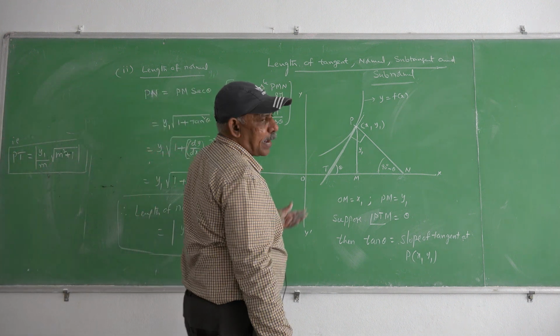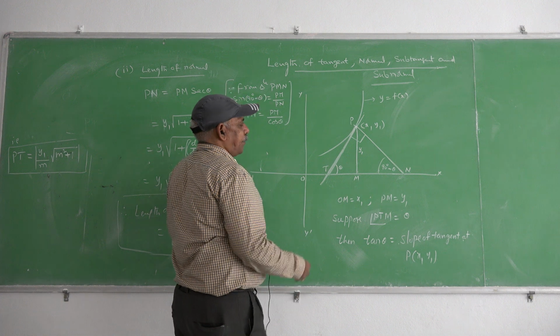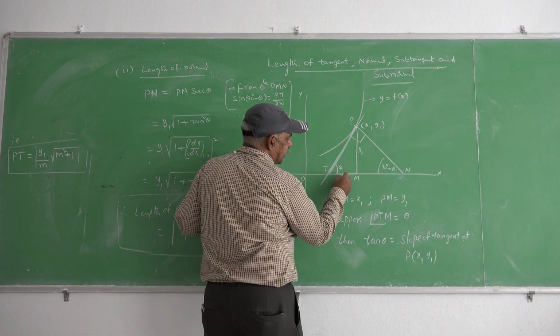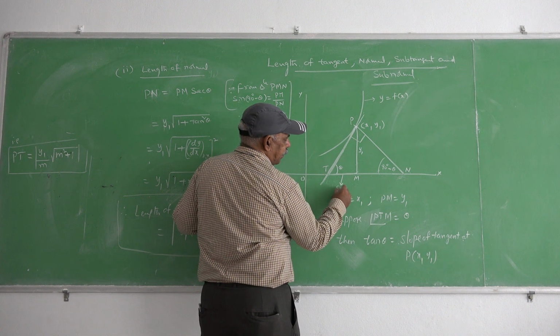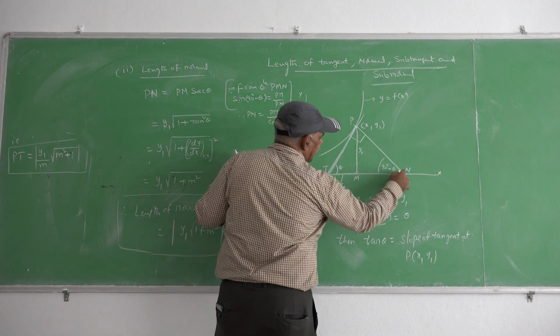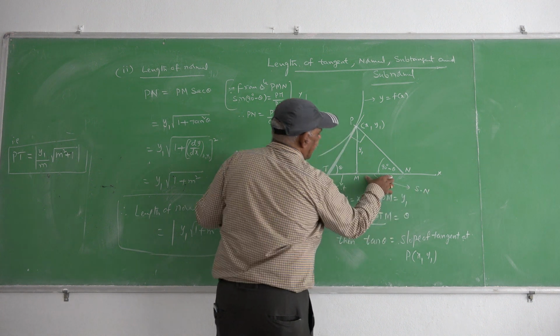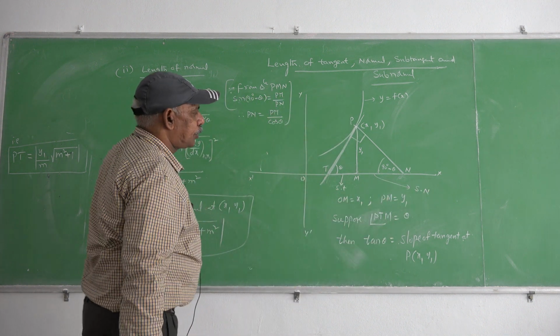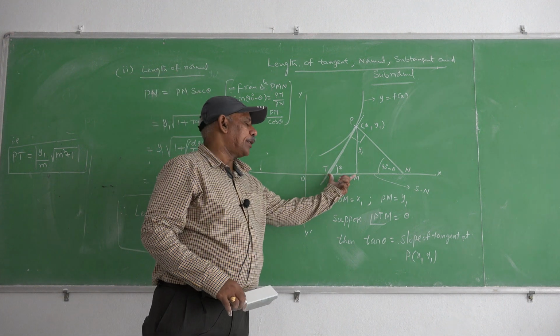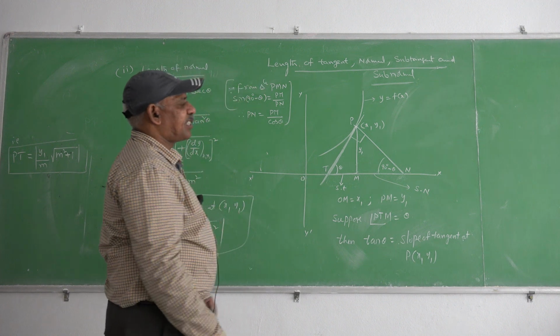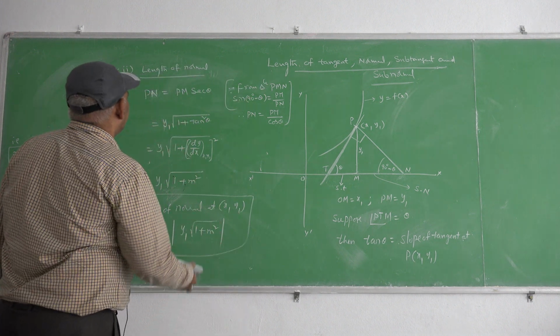Similarly, subtangent length. Subtangent means this length, TM, is called the subtangent. MN, this one, is called the subnormal. So we have to find the length of TM and the length of MN to get the lengths of subtangent and subnormal.